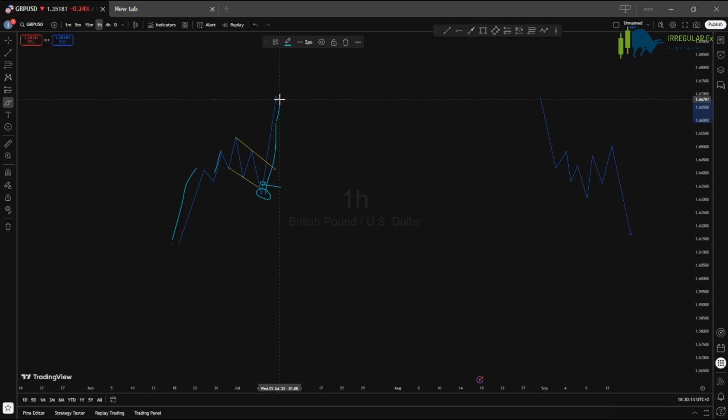All the way. So what do we aim for as our target? Obviously we aim for what we call a 90%, which is somewhere around here. So yes guys, this is how we spot our bullish continuation pattern.